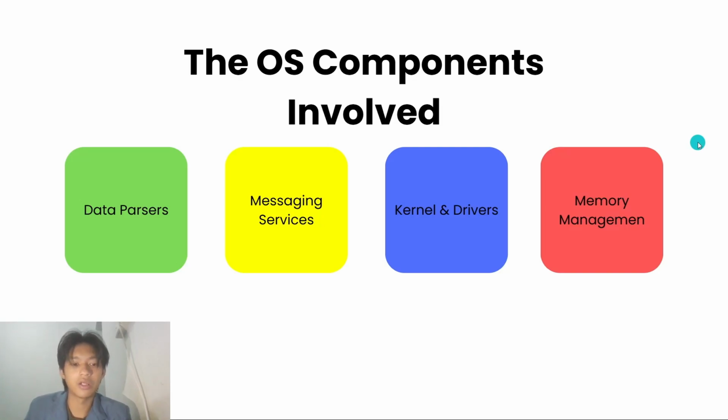If there is a flaw in how the OS manages memory during this process, such as a buffer overflow, the attacker can jump from the parser to the kernel or driver, gaining high-level system privileges.